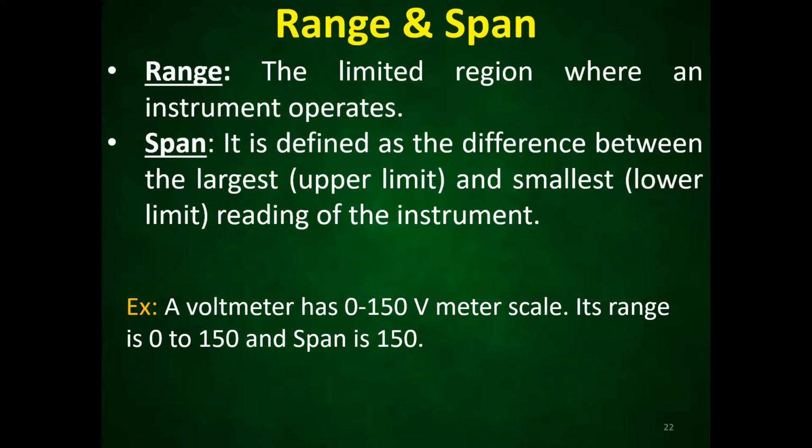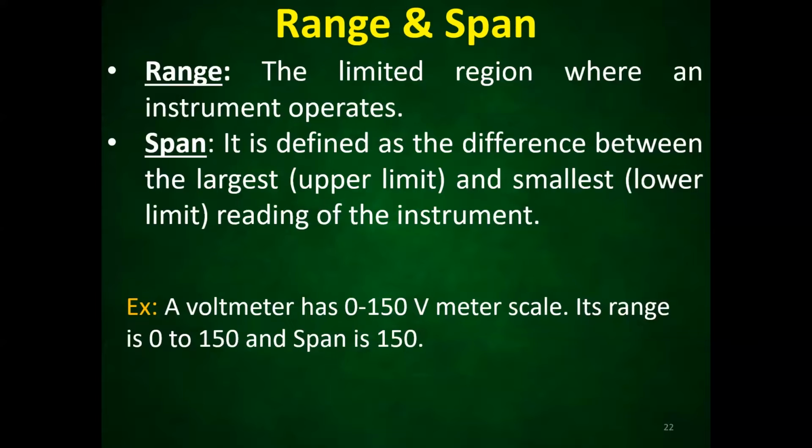That is called the range. And what is its span? What is its highest threshold value? The highest upper limit is 150, the lower limit is 0. So upper limit minus lower limit, 150 minus 0, that means 150 without any unit. That is called span. So I hope this concept of range and span is clear.